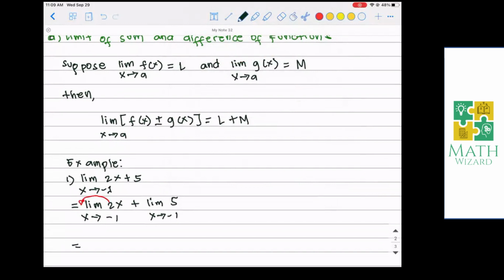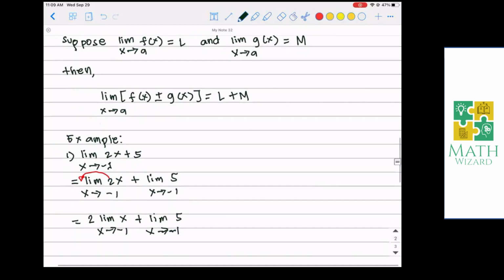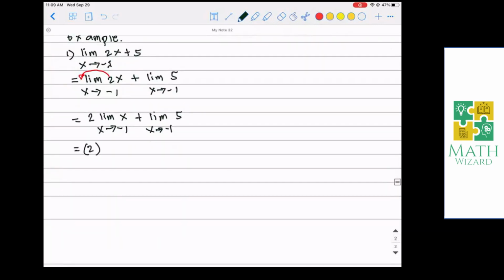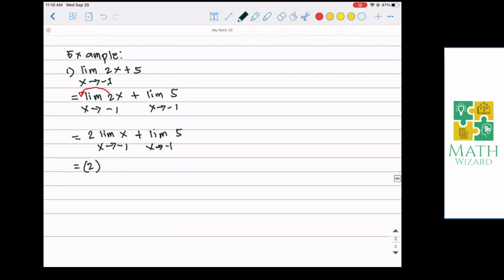Kaya it becomes 2 times the limit of x as x approaches to negative 1 plus, copy ko lang muna, the limit of 5 as x approaches to negative 1. Okay. And then, copy 2, the limit of x as x approaches to negative 1.